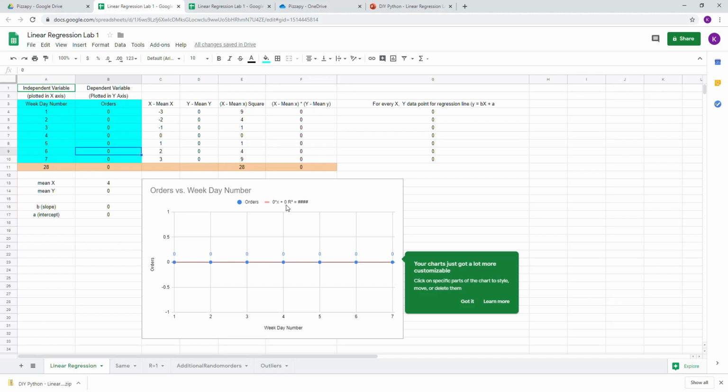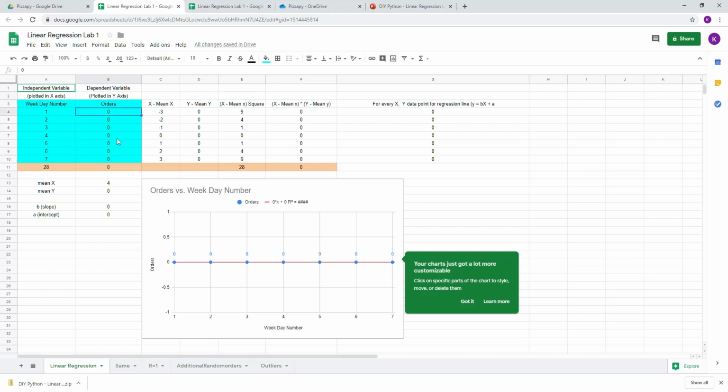You are not able to use the equation to predict anything. And at the same time, the efficiency, R squared, is right now showing no value at all. That means this model is not going to help us because our data, in this case, is completely useless.